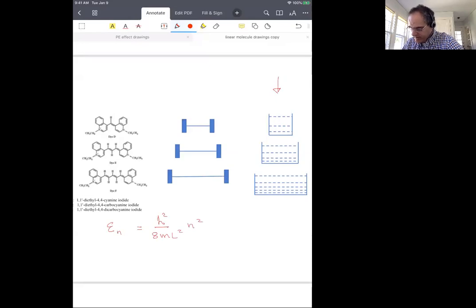And if we see a transition between two states, then we expect the energy of the absorbed photon to be equal to the energy of the final state minus the energy of the initial state. So it should be h squared over 8 m L squared times n final squared minus n initial squared.